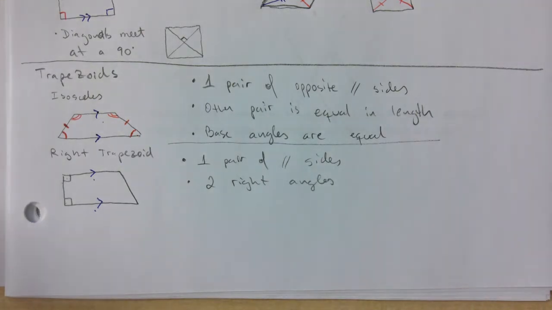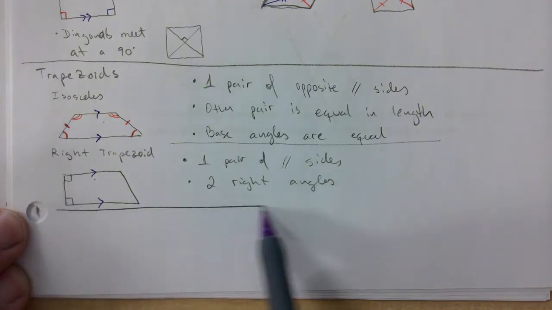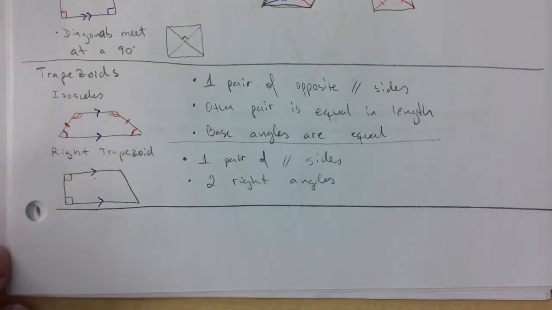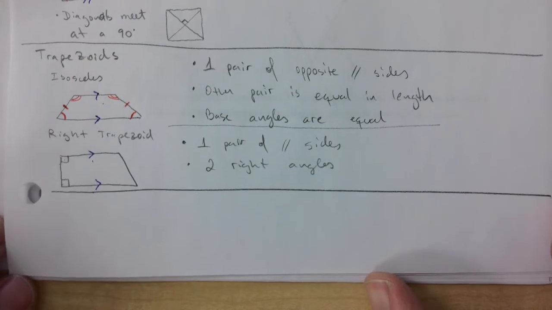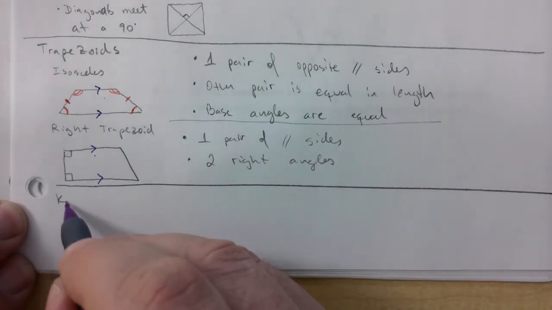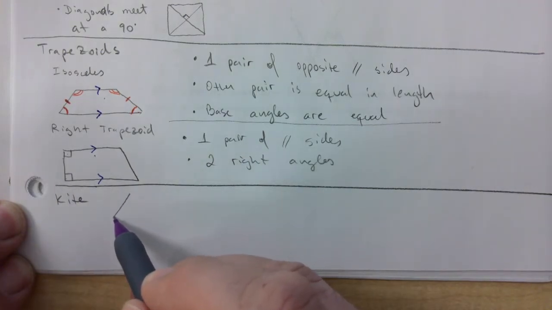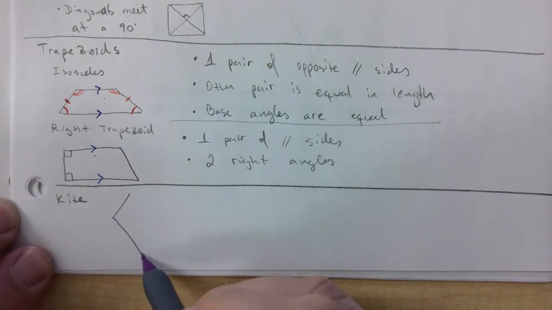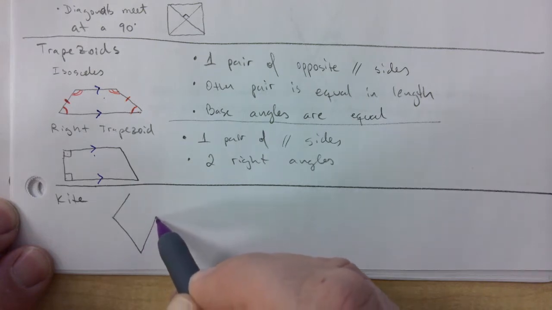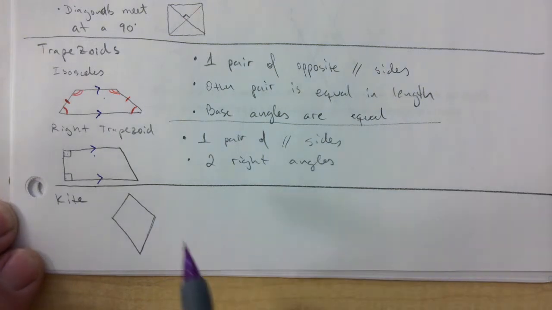And the last shape, hopefully this will work. So these are the only quadrilaterals you have to worry about that you see on this page. And this is called a kite. And so draw your kite. We're going to make this.